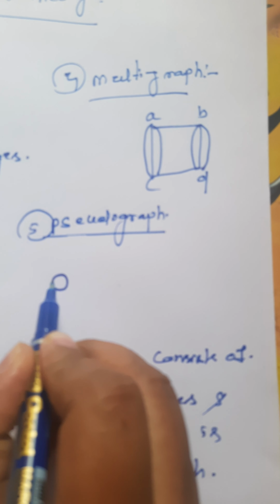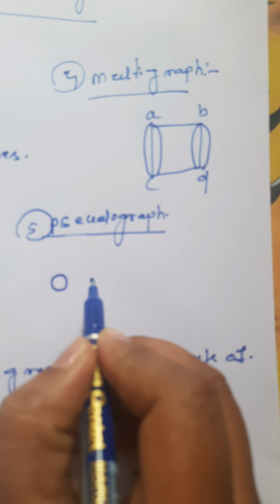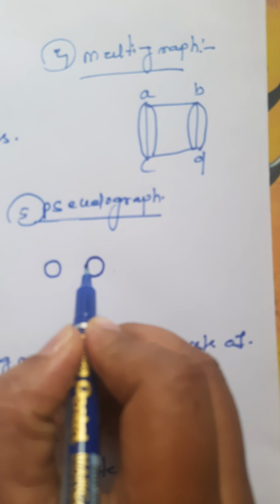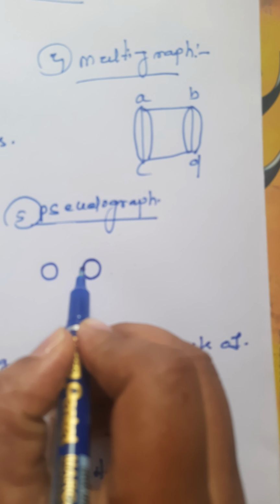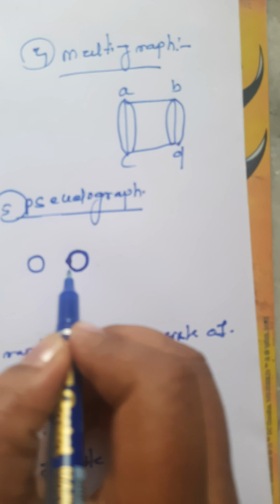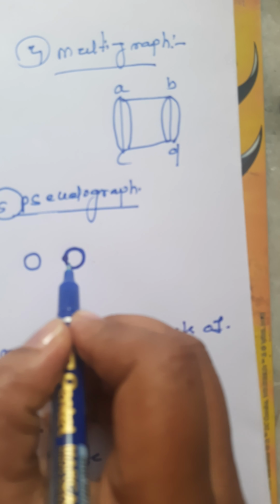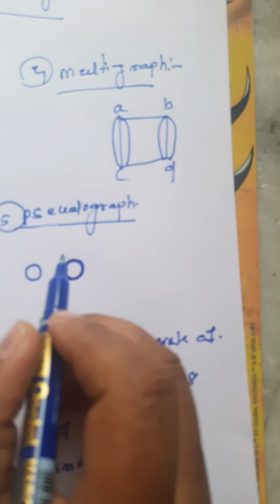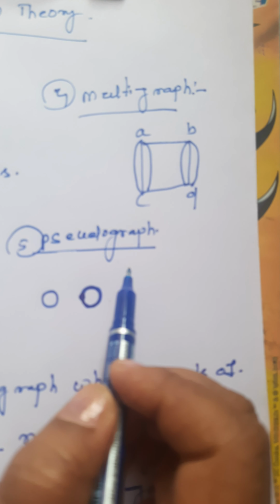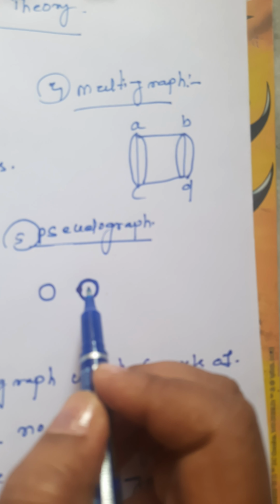Suppose this is a vertex and its starting point and end point is the same. It is called a loop. So when a graph has a loop present and multi-edges present, it is called a pseudograph.